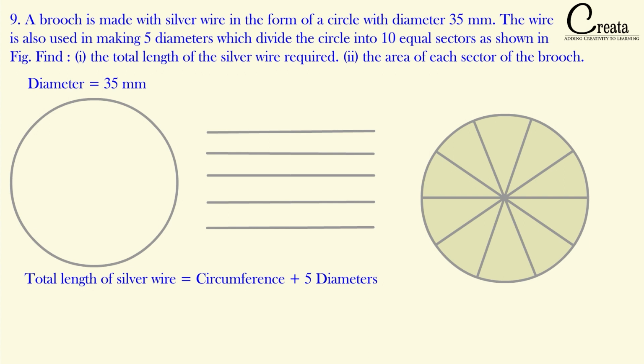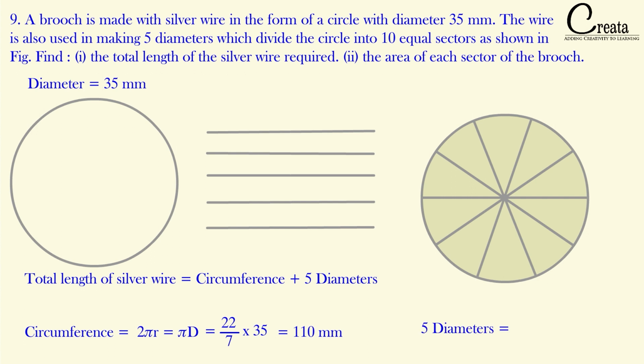So firstly, let's calculate the circumference, which is 2 pi r, and 2r is the diameter, twice of radius is the diameter. So the circumference is pi times d. And diameter in the question is given as 35 mm. Let's use pi as 22 by 7. On solving, we got circumference as 110 mm.